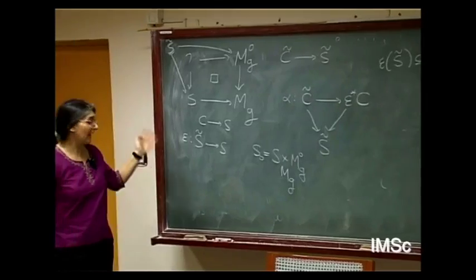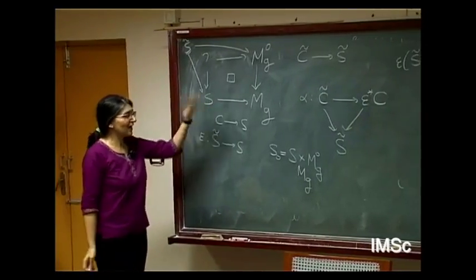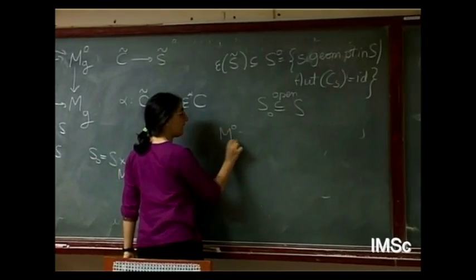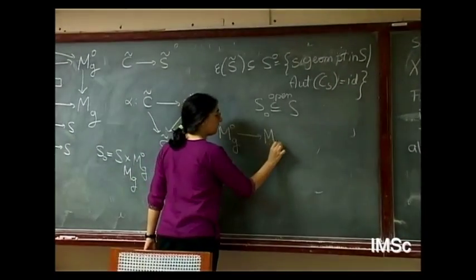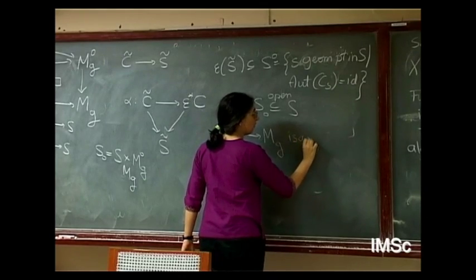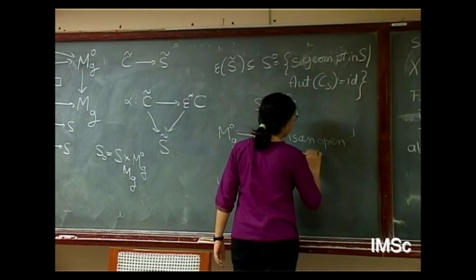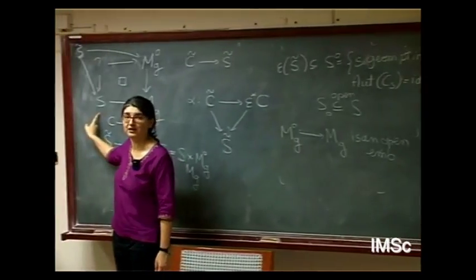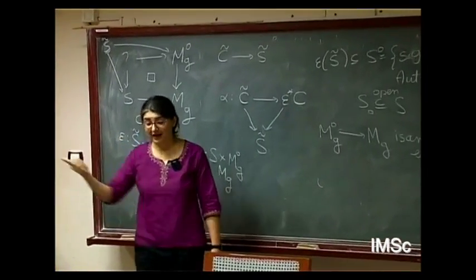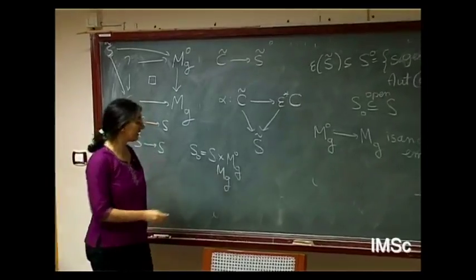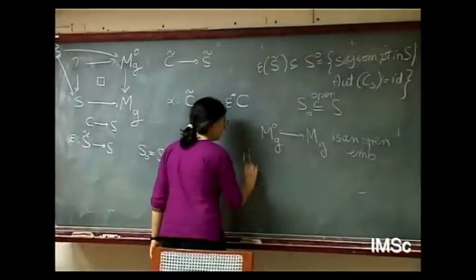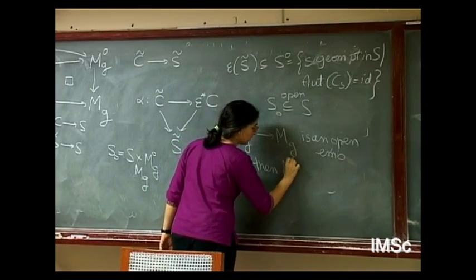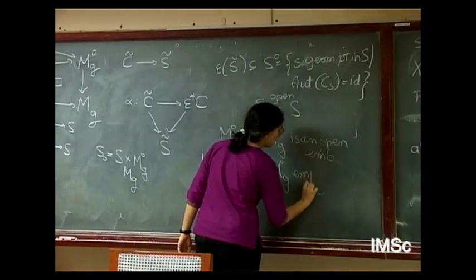In particular, what this tells me is that the morphism from M0g to Mg is an open embedding. By definition, this means that whenever I base change with a scheme, I get an open embedding. And as was remarked, if g is equal to 2, then M0g is actually empty.